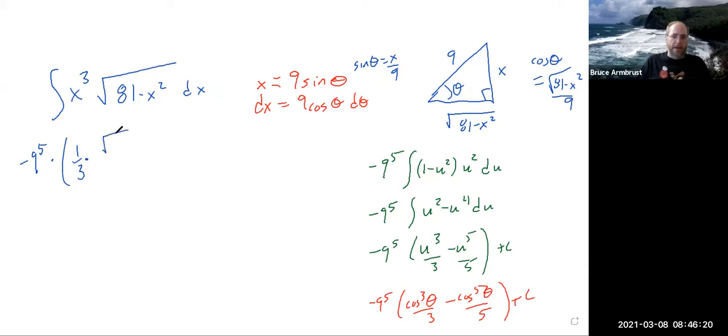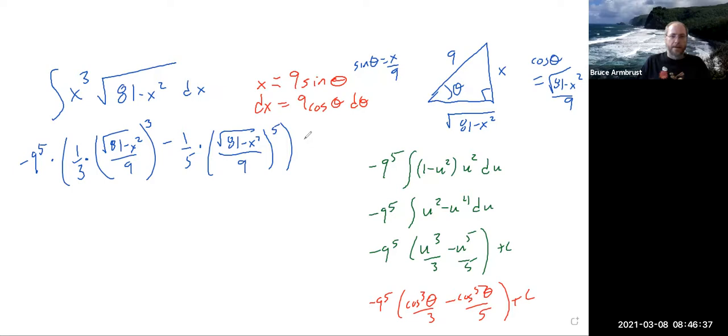So that's going to be the square root of 81 minus x squared over 9, cubed, minus 1/5 cosine to the 5th. So the square root of 81 minus x squared over 9 to the 5th, plus c. This will simplify if you distribute, and you can do a lot to clean this up. However, I'm good with that.